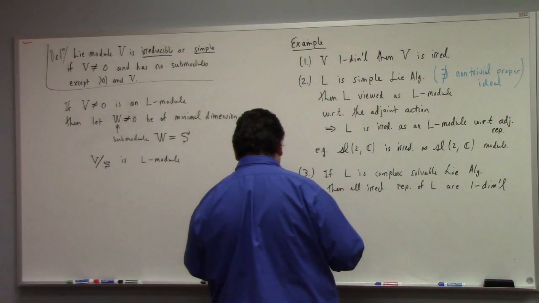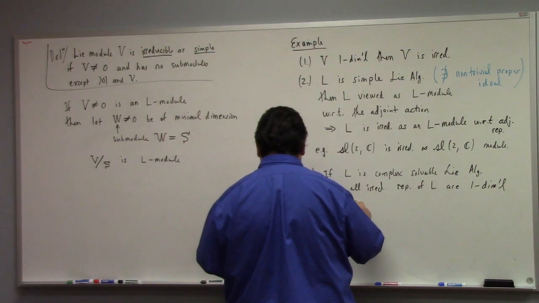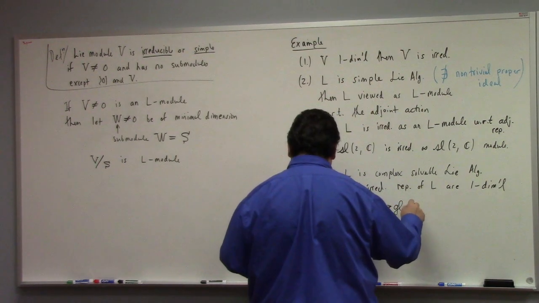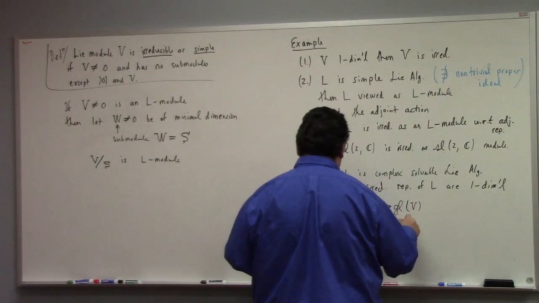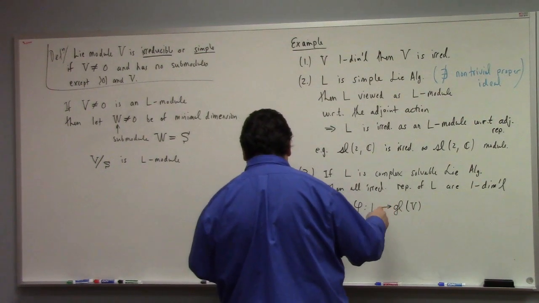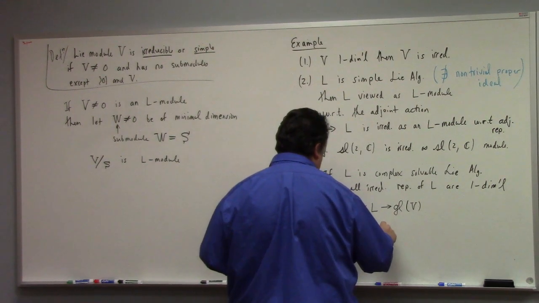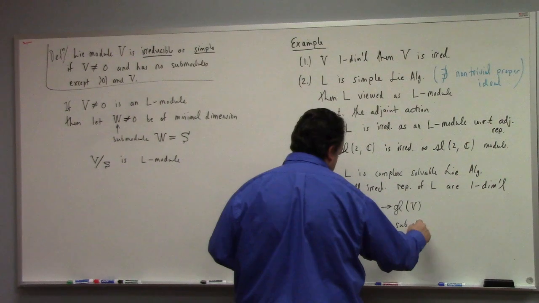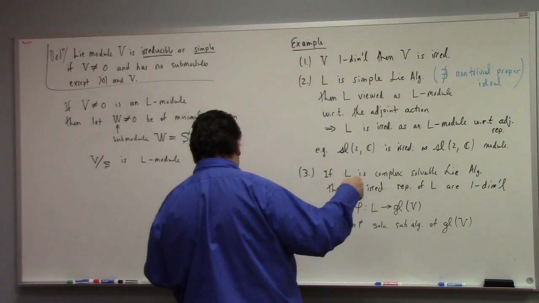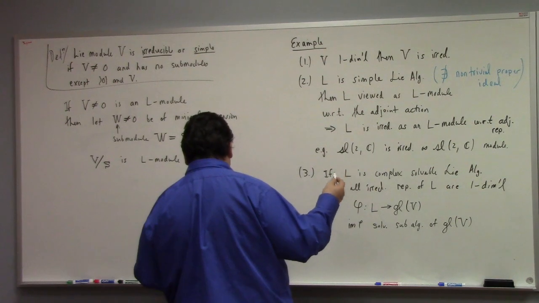We had phi from L to GLV, a representation, and the image of phi is a solvable subalgebra of GLV, right? And V has a one-dimensional sub-representation.